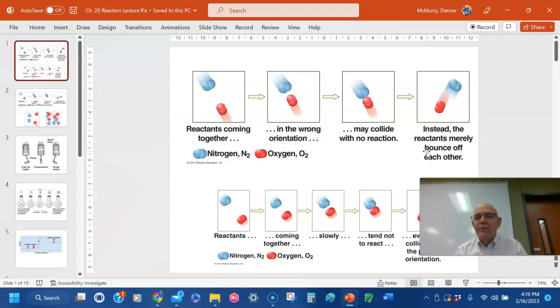Ammonium nitrate is a very common fertilizer that plants can take up. Okay, so anyhow, if you have a higher temperature, they're moving faster, they have more energy, and they're more likely to have enough energy to react. Extreme ones like the nitrogen oxygen, though, take lots of energy, like a lightning bolt.